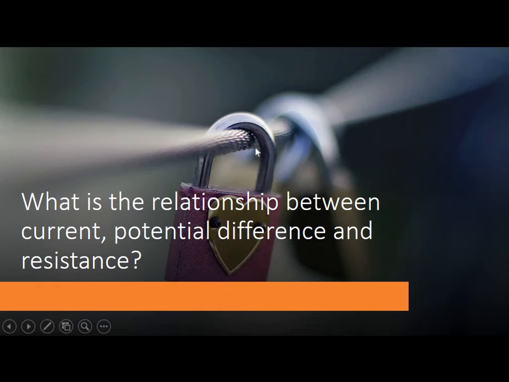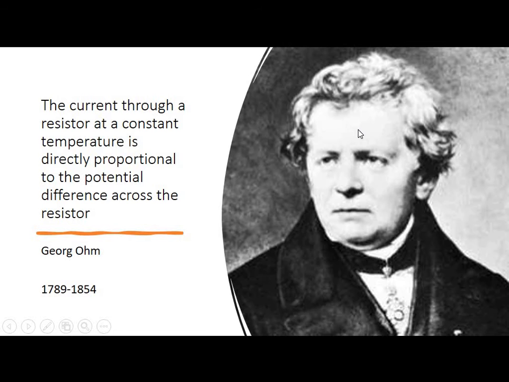Now, we can look at this in terms of the relationship between current, potential difference, and resistance. So this gentleman here is called George Ohm, who was, I believe, a German physicist around the turn of the 18th century into the 19th century.